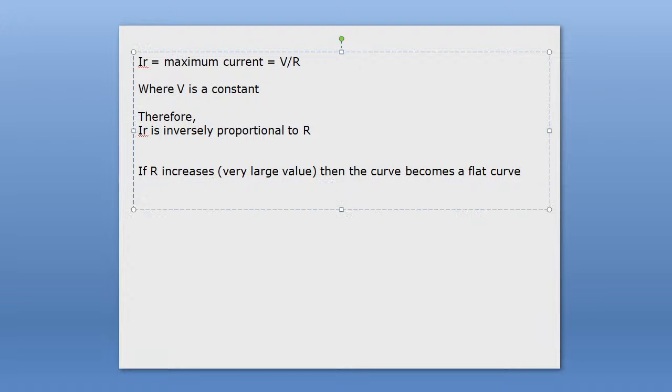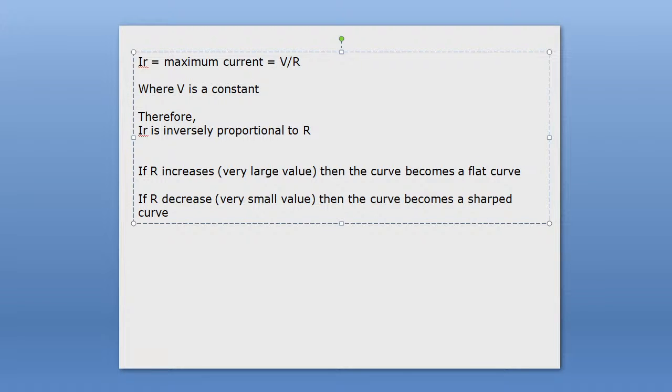And if R decreases, meaning R has a very small value, then the curve becomes a sharp or peaked curve.